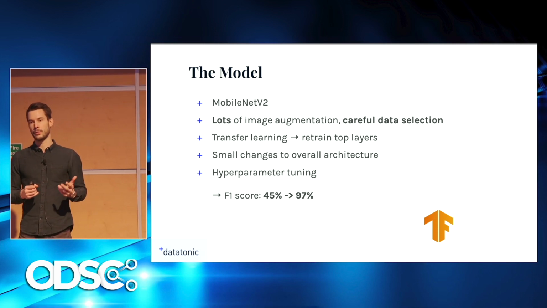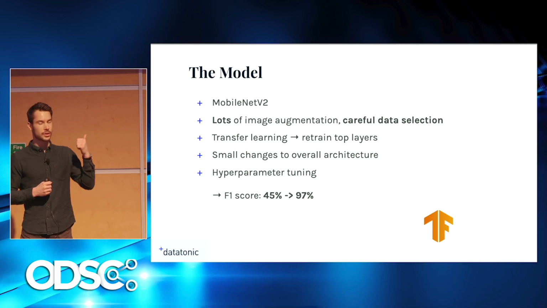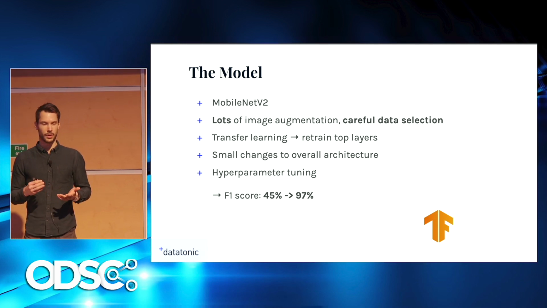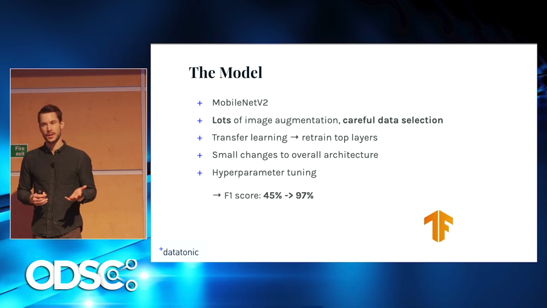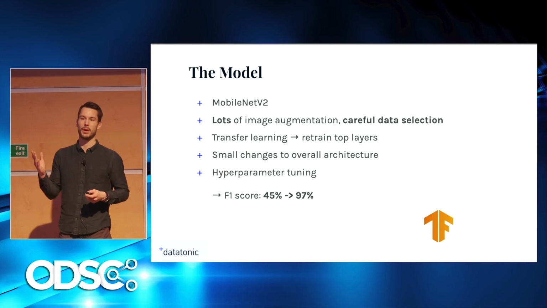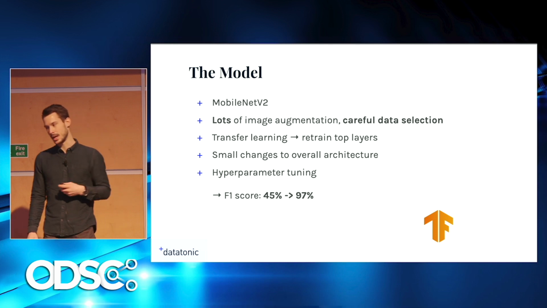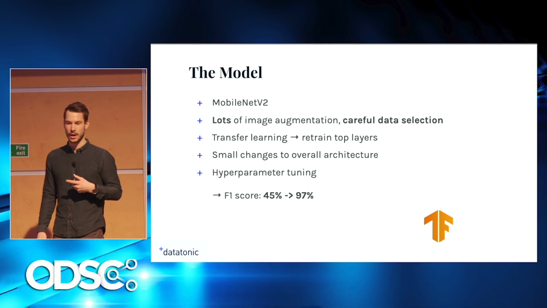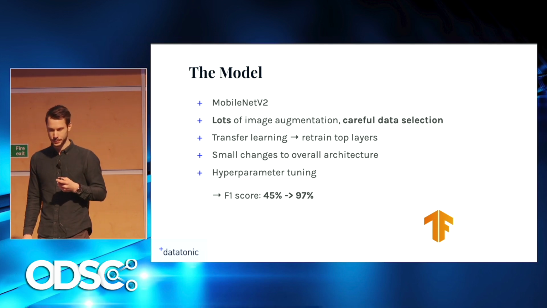What we ended up with was a model performance gauged on the F1 score that goes from 45% to over 97%. So where the model before was really hit and miss, it would just work now and then, we delivered something with a very good usability, and the top 1 and top 3 accuracies are way above 90% as well. So this is nice, this is usable now, and it's all built on TensorFlow.